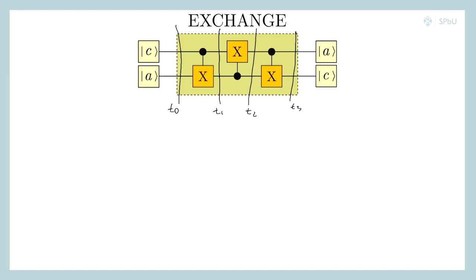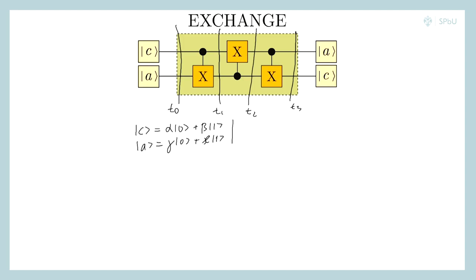So let's assume that at the input of the exchange element there are two qubits A and C in the states: C equals alpha 0 plus beta 1, and the state of the qubit A is gamma 0 plus kappa 1.